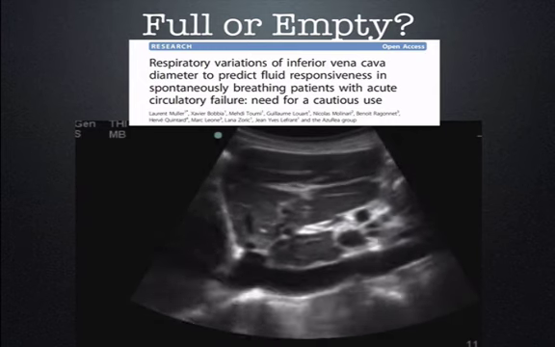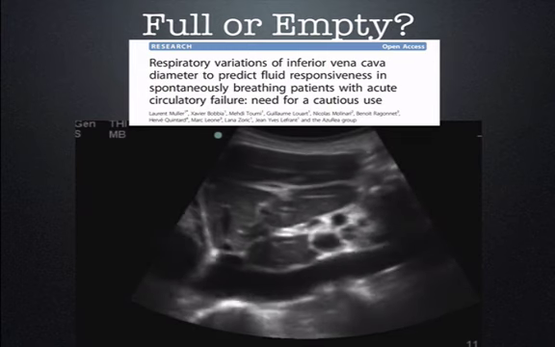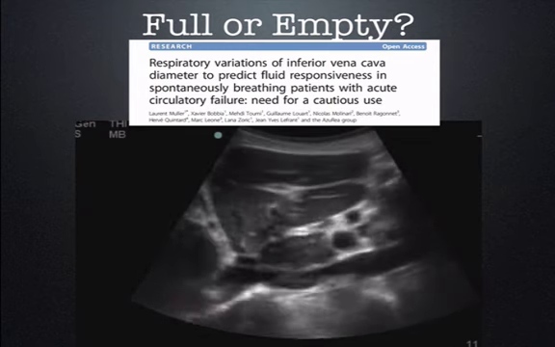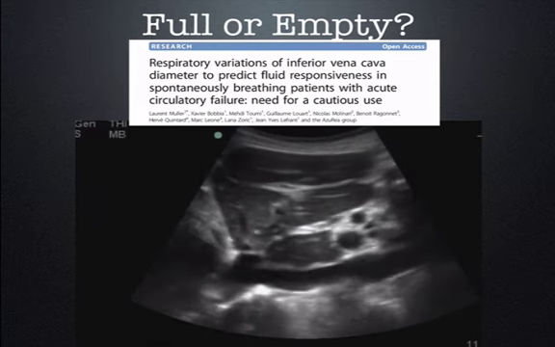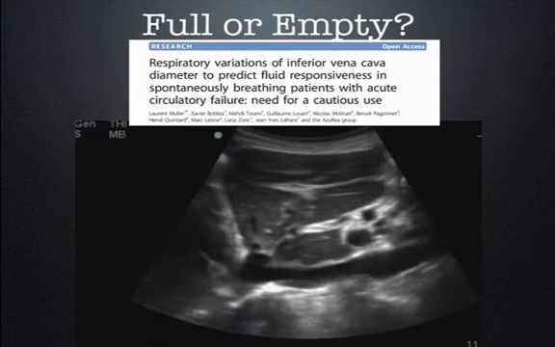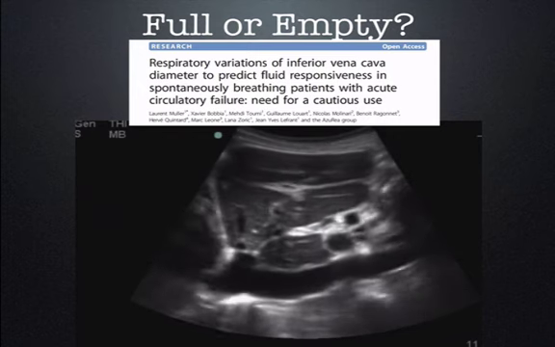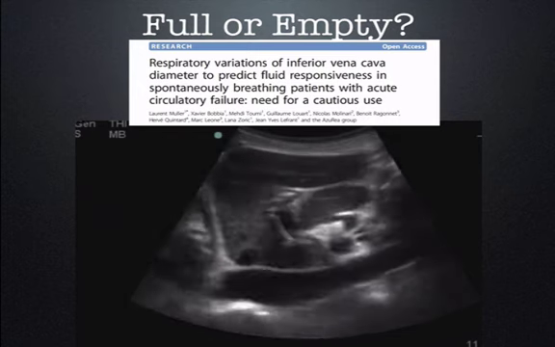And what they found was a 40% or more collapse correlated pretty well with someone who was fluid responsive. It did not mean that they were not fluid responsive if they had a collapse less than 40%, and I hinted at that earlier.